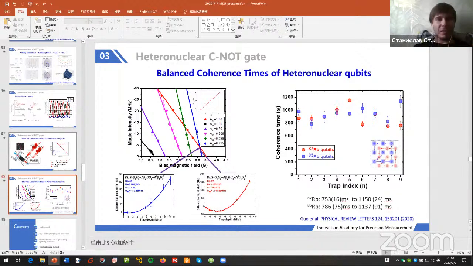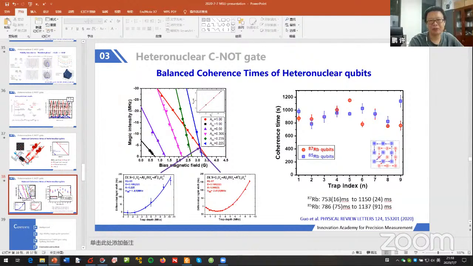Yeah, because I've seen some works where there was a strong dependence of the lifetime of trapped atoms on the ellipticity. The largest lifetime was for perfectly linear and perfectly circular traps, and for all elliptical states it was reduced by almost an order of magnitude, I think. The explanation was that there are some transitions between different Zeeman states which are coupled to the motion of the atom in elliptically polarized traps.